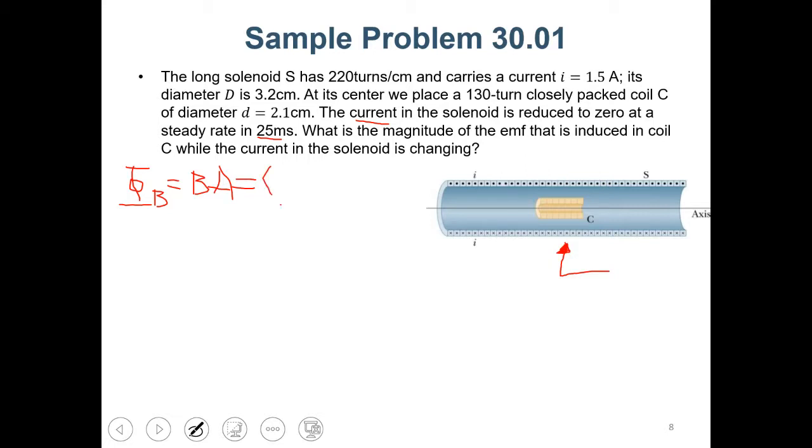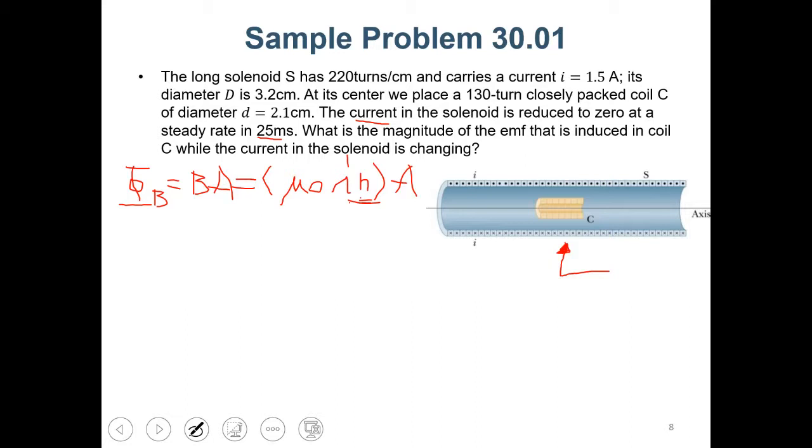In the previous chapter, we learned that the magnetic field is simply mu naught I n, where n is the number of turns per unit length. Small n means turns per unit length; in another equation, capital N means the total number of turns.